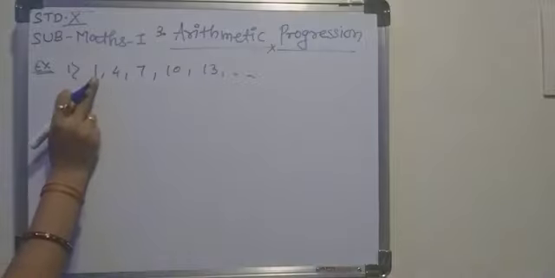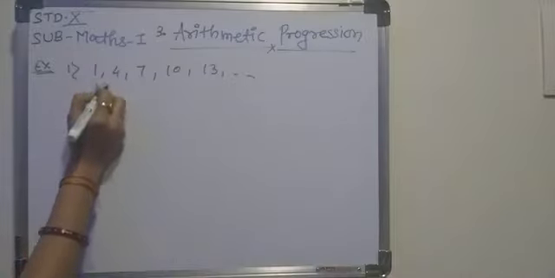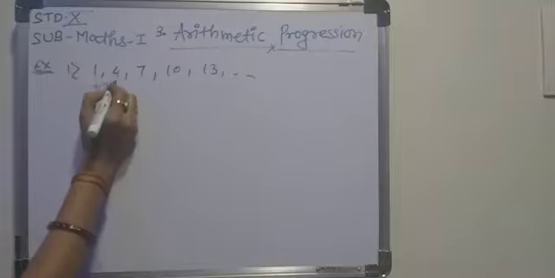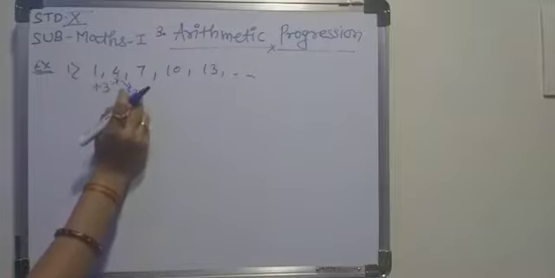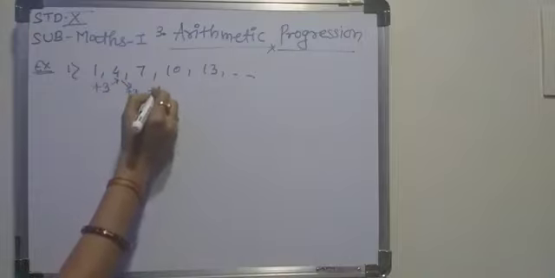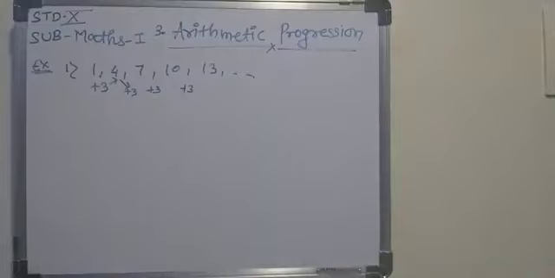When you add 3 to the previous term, 1 plus 3 is 4, 4 plus 3 is 7, 7 plus 3 is 10, 10 plus 3 is 13. So basically you are adding 3 to the previous term.